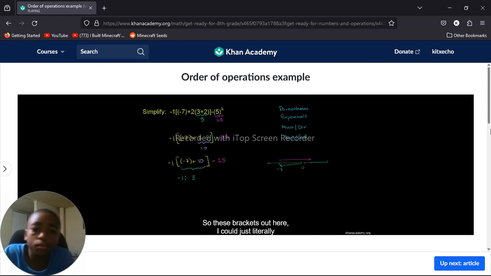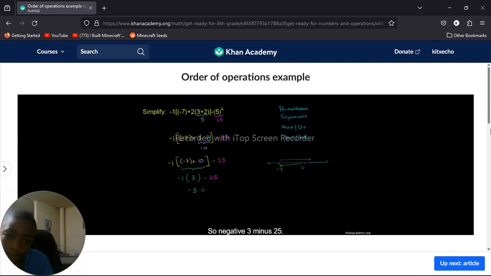So these brackets out here, I could just literally write them like that, and then I have a minus 25 out over here. Now, once again, you want to do multiplication or division before addition and subtraction. So let's multiply: negative 1 times 3 is negative 3. And now we need to subtract our 25. So negative 3 minus 25.